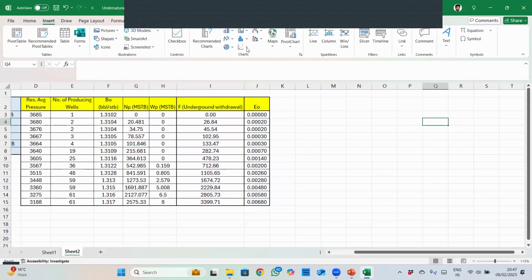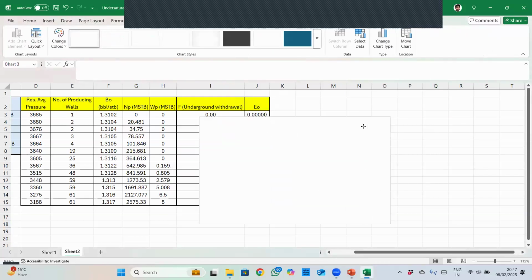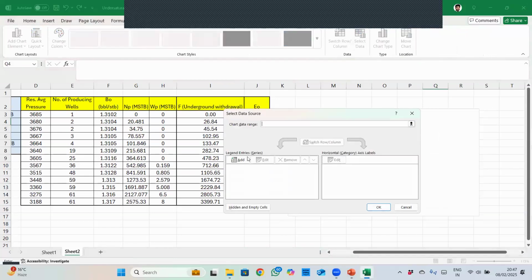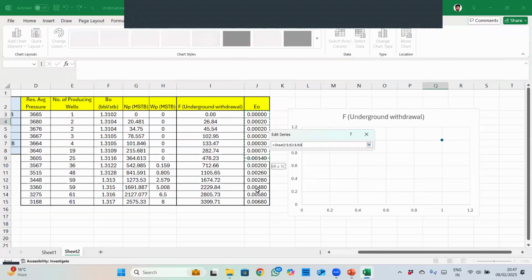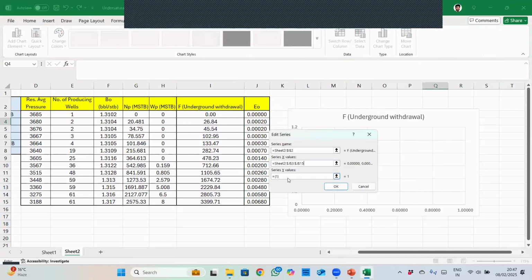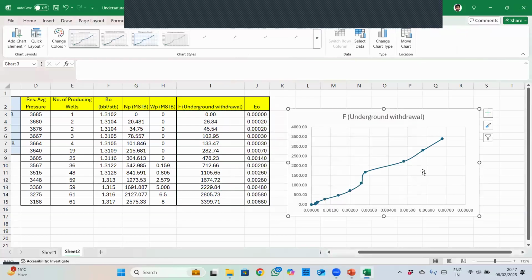So insert, plot, select data, add. So x-axis should be EO and y should be F, the underground withdrawal happening. Yeah, this will be my F versus EO plus EFW. Oh, sorry, F versus EO.